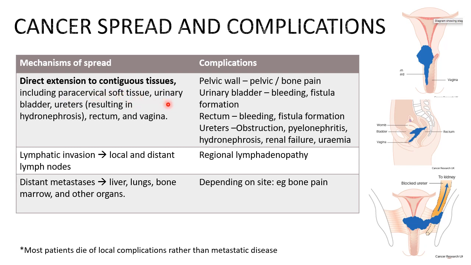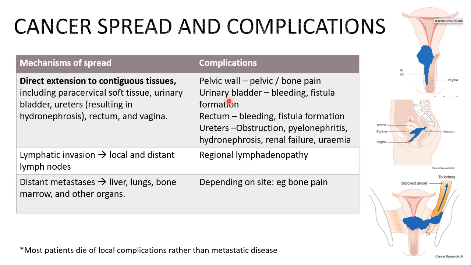They can involve the urinary bladder, going up to the front there, or it can involve the rectum, going posteriorly. It can involve the pelvic wall, including the bones surrounding it. So it can go down into the vagina, it can go up to involve the uterus. Can also involve the ureter, which obviously lies quite close to the ligaments near the cervix.